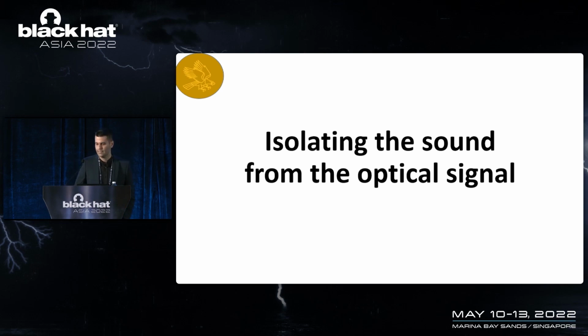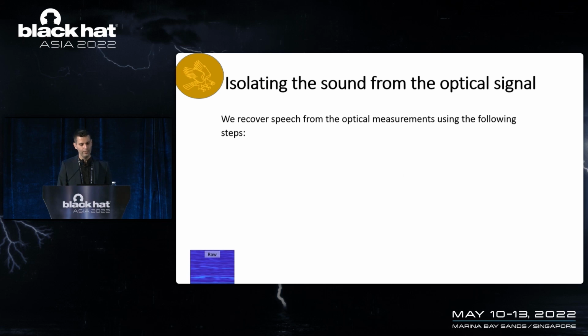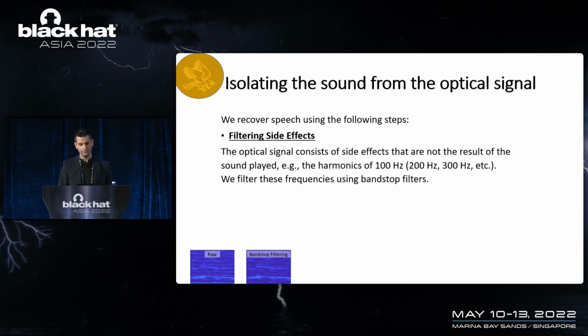Now let's try to understand how to isolate the sound from the optical signal. We recover speech from the optical measurements using the following steps. First, we filter side effects. The optical signal, even if you sample it without any sound near an object, consists of various side effects that we want to filter out.